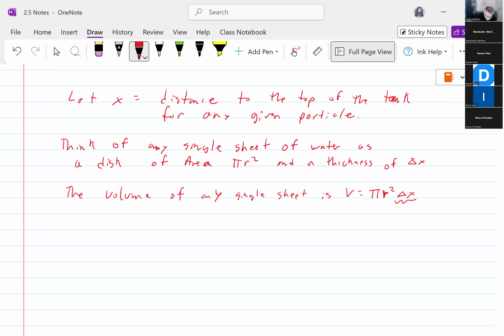One thing that we need to know is the density of water, which is 1 gram per cubic centimeter.